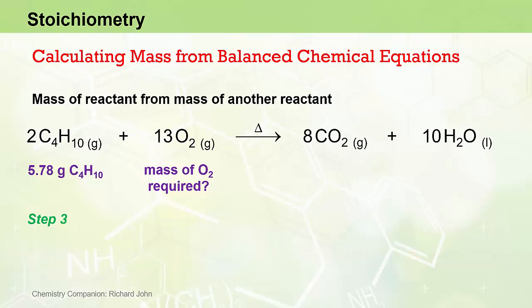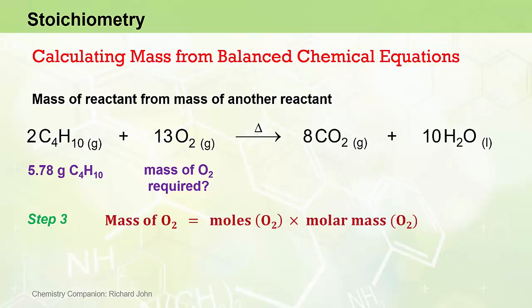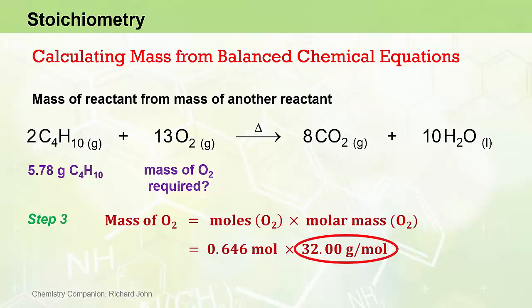In step 3, we now convert the moles of oxygen required into mass of oxygen using the rearranged version of the molar mass equation with mass as the subject of the equation. And so we have mass of oxygen equals moles of oxygen times the molar mass of oxygen. The moles of oxygen we just calculated in step 2 to be 0.646 moles, and we need to multiply that by the molar mass of oxygen, which is 32.00 grams per mole.